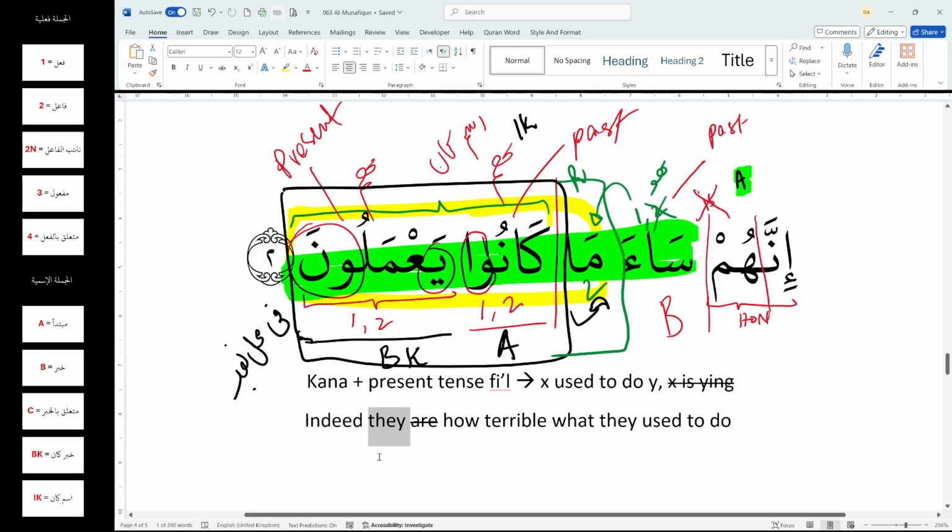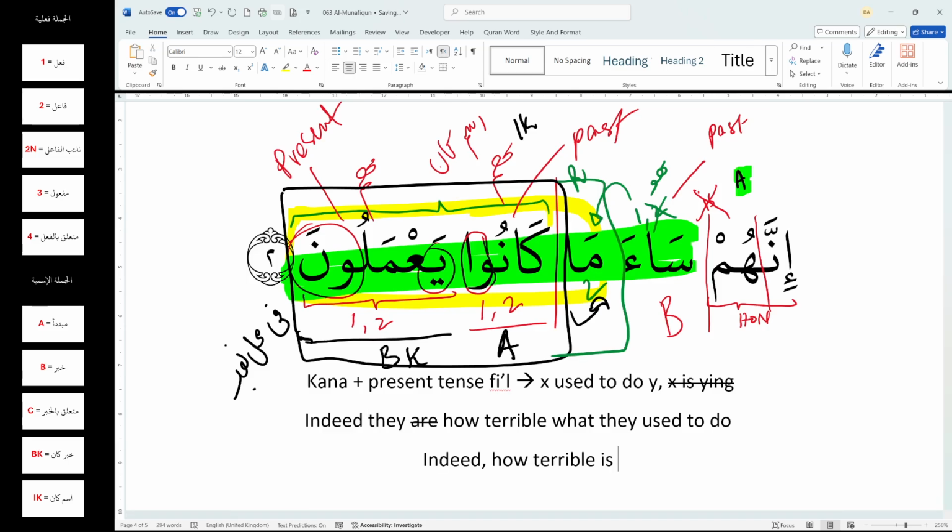So I'm going to rewrite this translation for us so that it makes sense, okay? Indeed, how terrible is what they used to do.